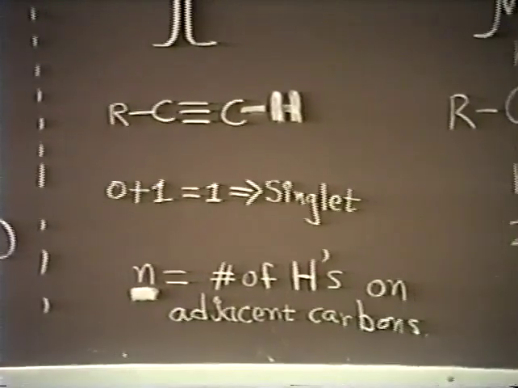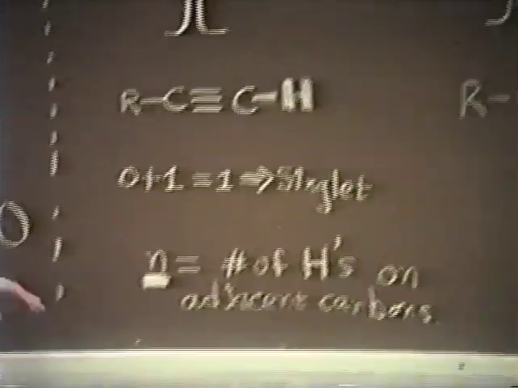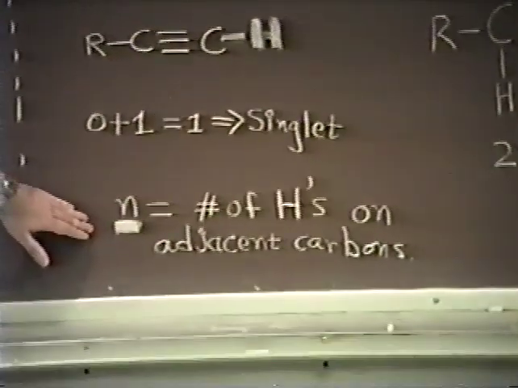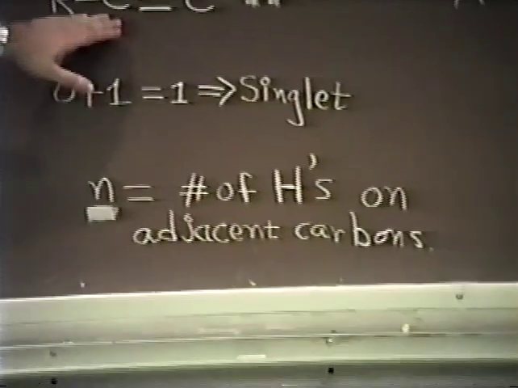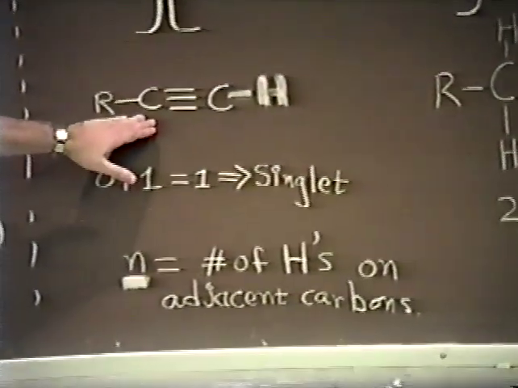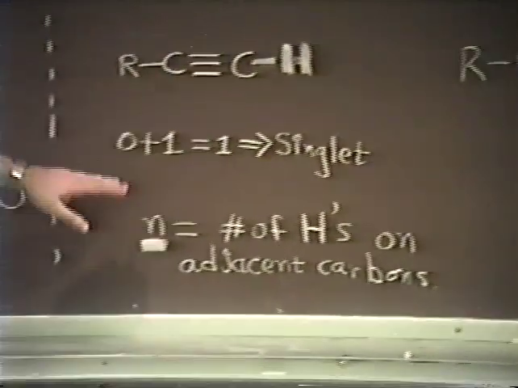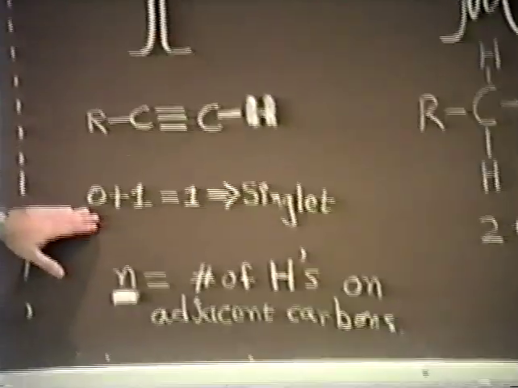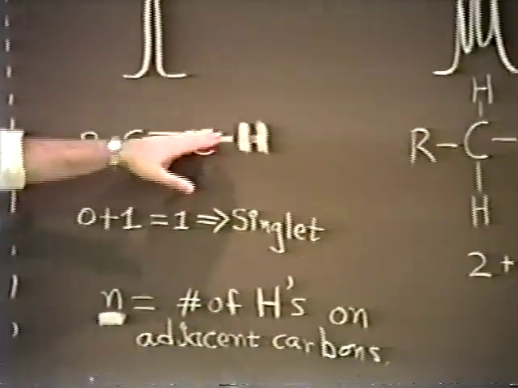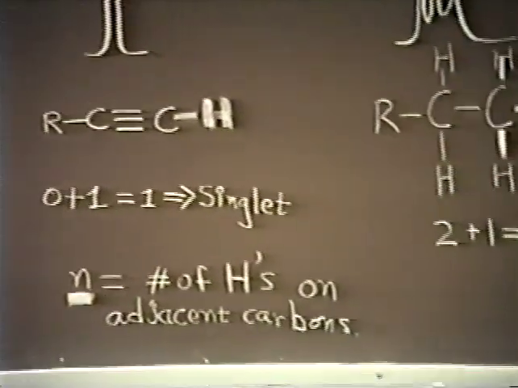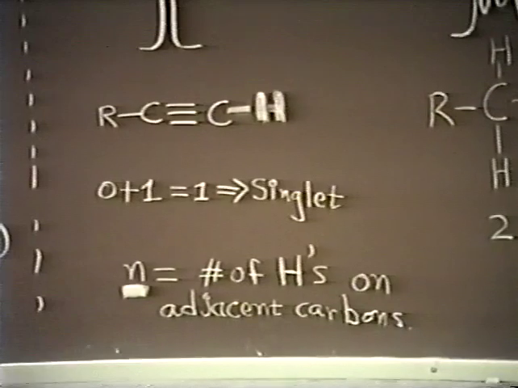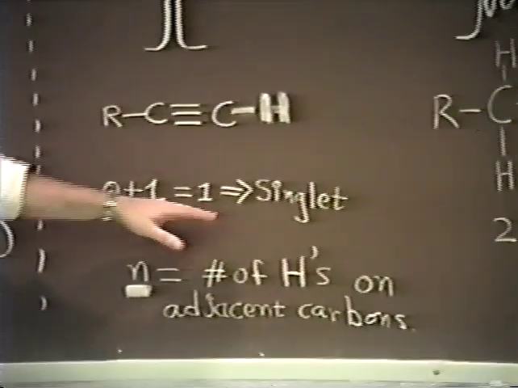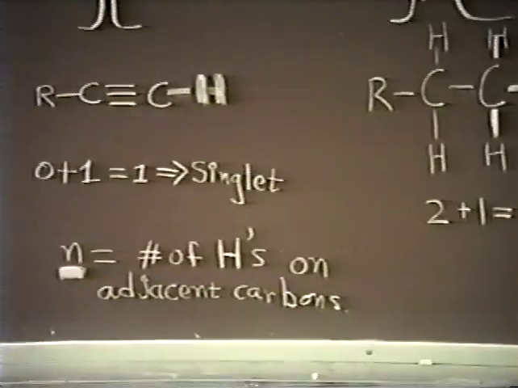There's a little counting rule that you set up for this, for a singlet, where you have N, which is equal to the number of hydrogens on adjacent carbons. In the example I have here, there are no adjacent hydrogens, so that gets a 0. I give a 1 for the carbon having hydrogens over here. It doesn't matter if it's 1, 2, or 3 on this one. Each one gets a 1. And 0 plus 1 is equal to 1, and you form a singlet peak.